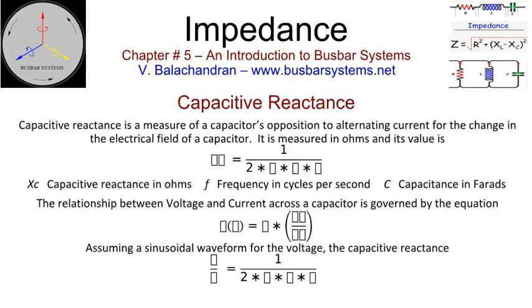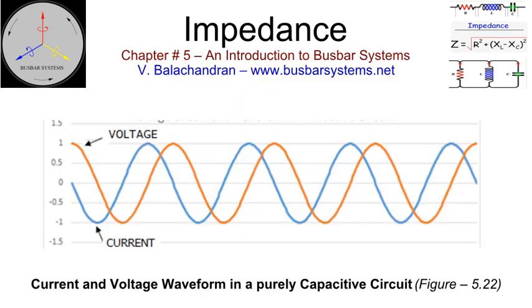The capacitive reactance is inversely proportional to the frequency and the capacitance. For a sinusoidal AC waveform, the current will lead the voltage by 90 degrees. In a purely capacitive circuit, with a sinusoidal AC waveform, the current will lead the applied voltage by 90 degrees.